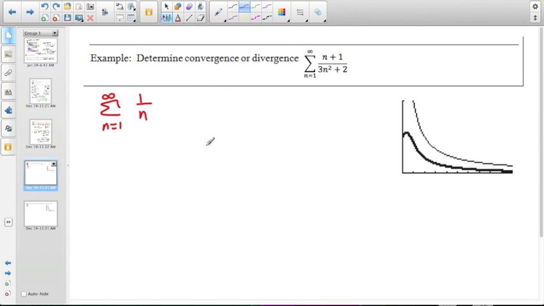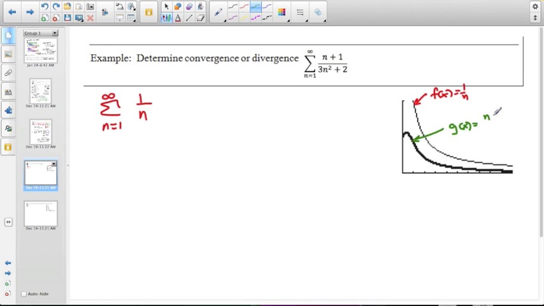And again, we're going to look at both of these just to be sure. We can't do a direct comparison test. But 1 over n looks like this. So we'll call that f of x. That's 1 over n. And our original series, we'll call the original one g of x.